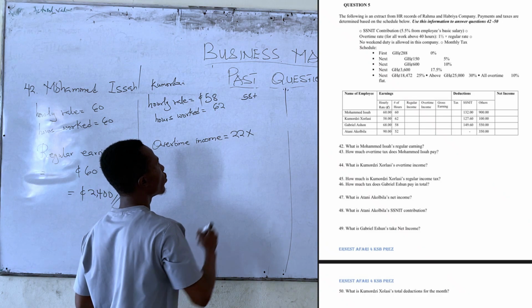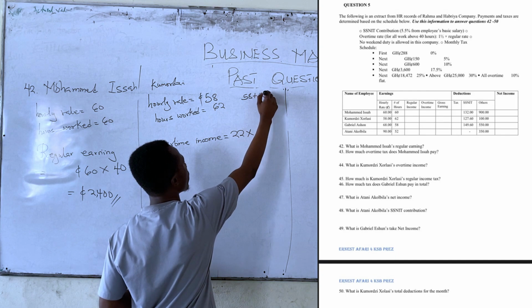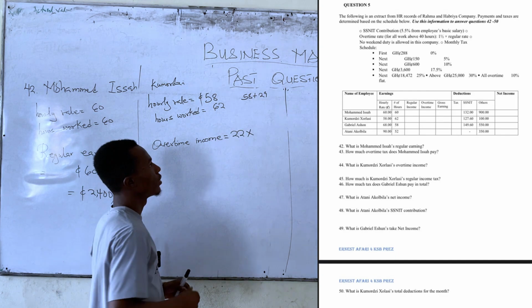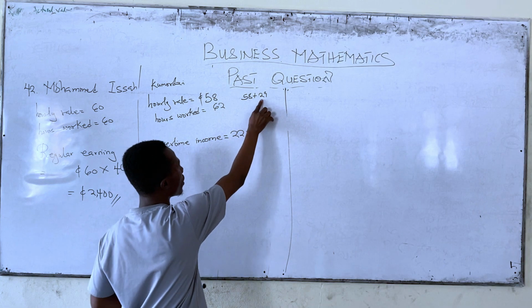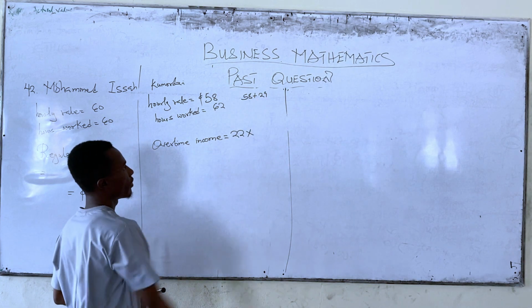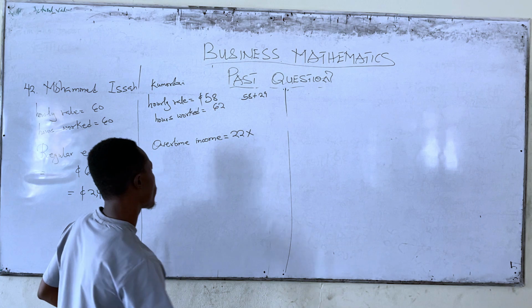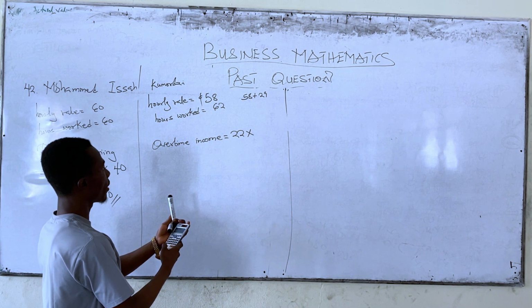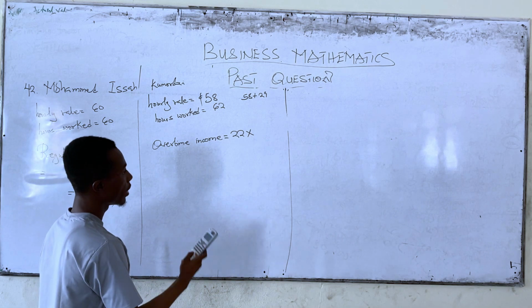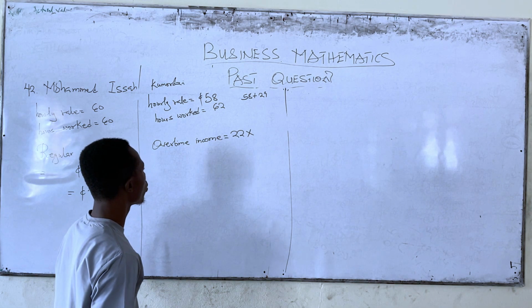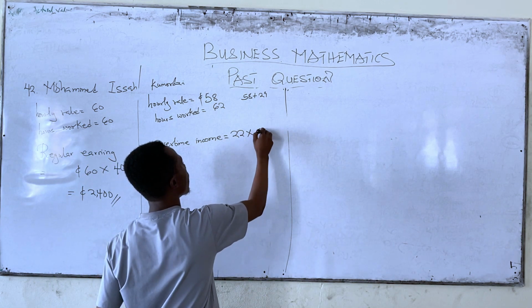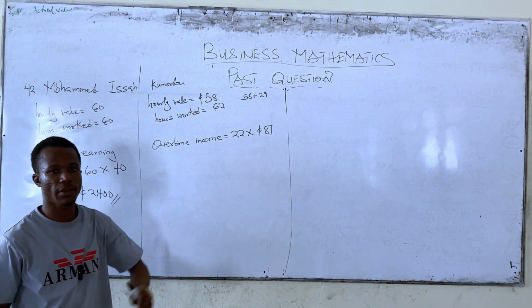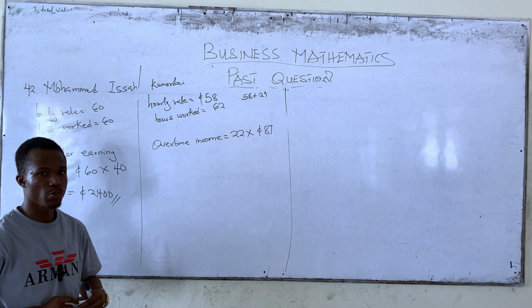You are getting 29. So you add the 29 to it, and that is all. So this one is giving you 87. Let me confirm with my calculator before I make a mistake. So 1.5 times 58 is 87. So 87 Ghana cedis. And when you multiply, you get the overtime income, and you are done. I hope you get that.